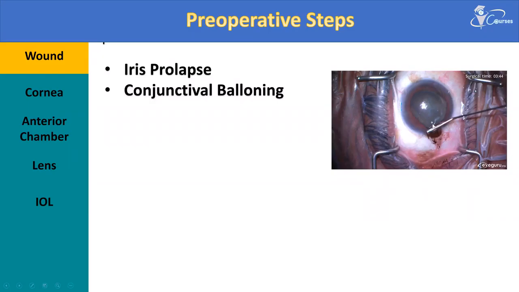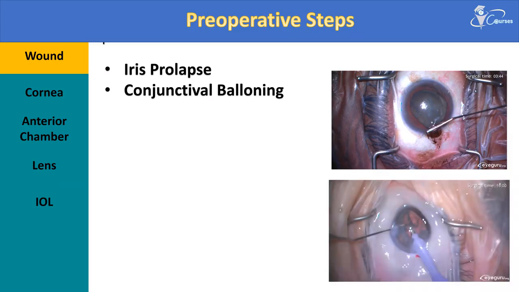And a wrong thing to do here is that when the surgeon sees that the iris is coming out, he will just inject viscoelastic. The viscoelastic will increase the intraocular pressure and cause more prolapse of the iris. So you need to release the intraocular pressure. That's what will help the iris to get in again.